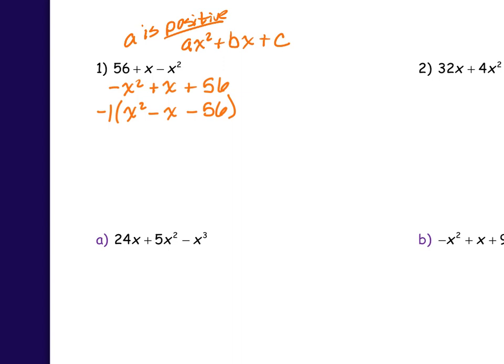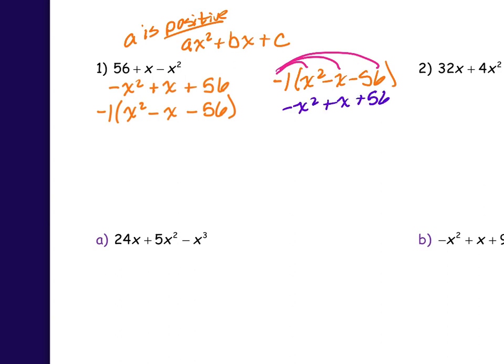If I distribute the negative 1 back through, I get negative x squared plus x plus 56. So I can change all the signs just by factoring a negative out, but you do have to remember to change every single sign.